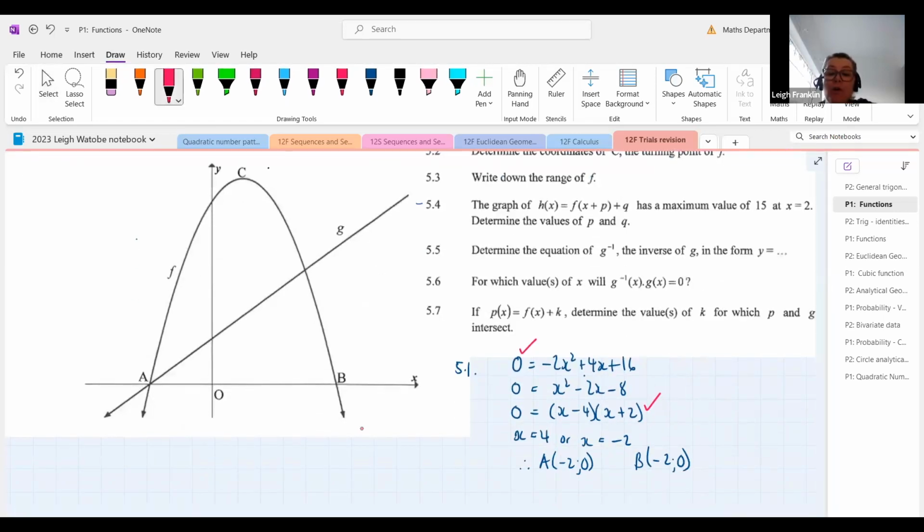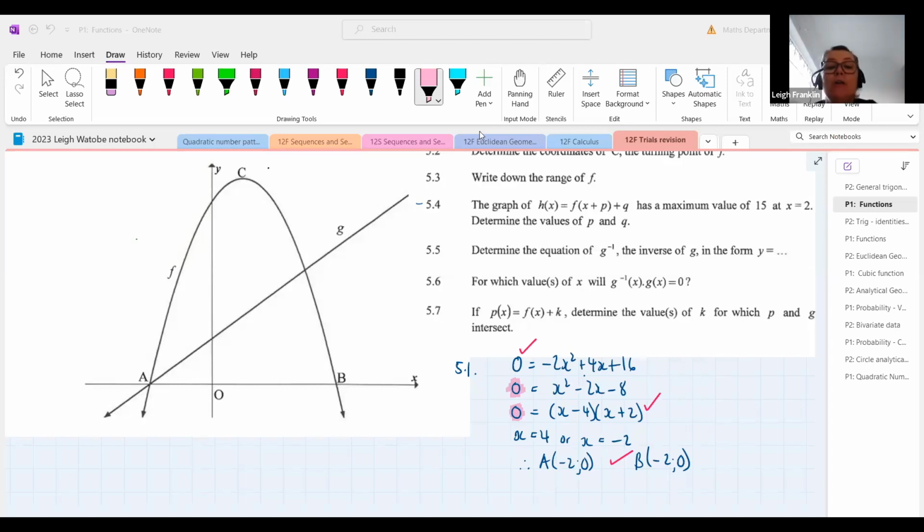Make sure if they ask for coordinates that you give them coordinates, because then they can't penalize you. The other thing that you must take care of is make sure that you write 0 on every single line. Don't get lazy and omit the 0, even if you've written it up here. Make sure you write the 0 on every single line.